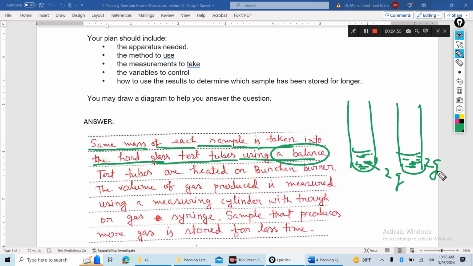You can write in your own words: using a balance, a known mass of each of two samples is taken into two different hard glass test tubes. Then test tubes are heated on Bunsen burner. This test tube you give heat.